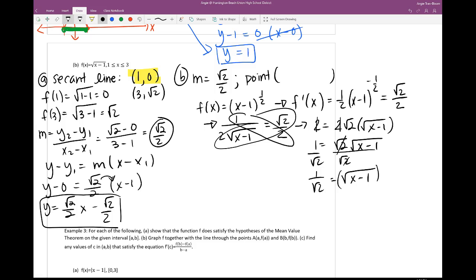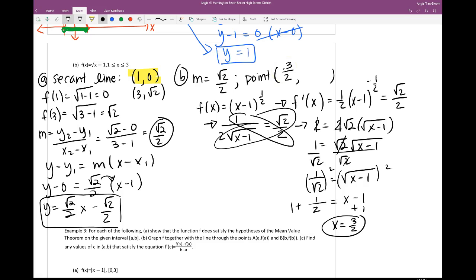So if I'm squaring both sides, I now have, what do you think you have? 1 over 2, right? The square root of 2 in the bottom becomes a 2, equal to x minus 1. Now I'm going to add 1 to both sides. So x is now 1, and another half is now 3 over 2. So my x location is 3 over 2.